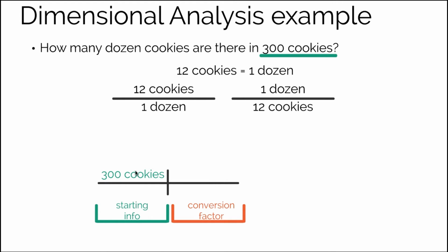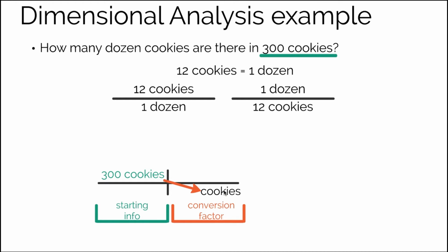Well, the way that you do it is that you take the unit that you have starting in the top left, and you just shift that over to the bottom right of the next section. Notice here that I'm taking my cookies on the top left, shifting it over to the bottom right, and then I will match this to the two conversion factors I already have set up.